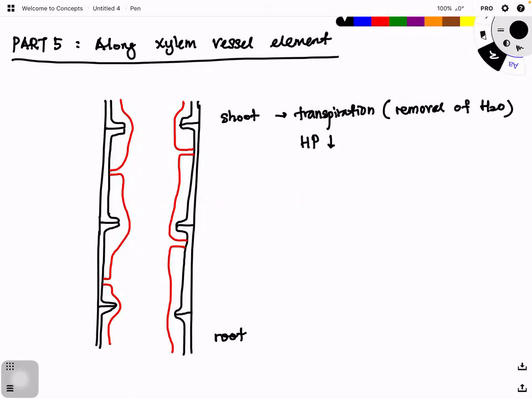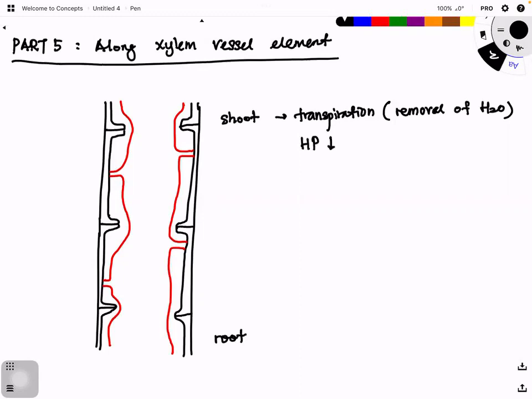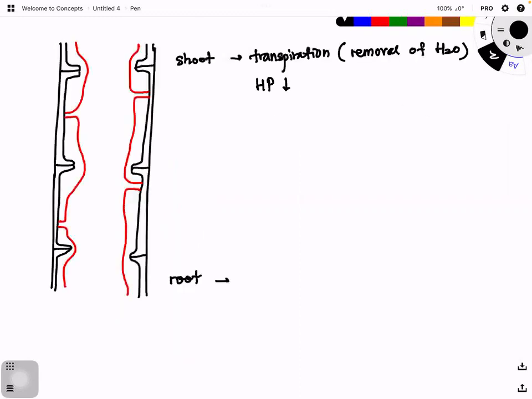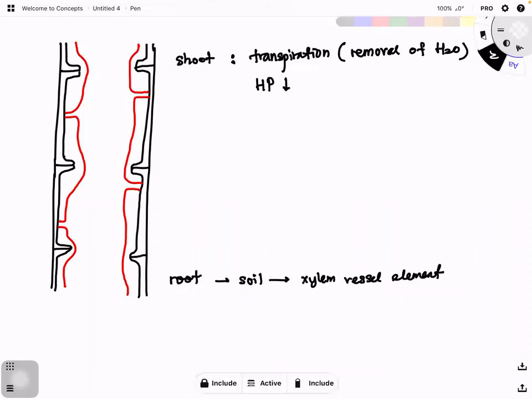At the root, due to the entry of water from the soil into the xylem vessel element, there is accumulation of water molecules, so the hydrostatic pressure is high.